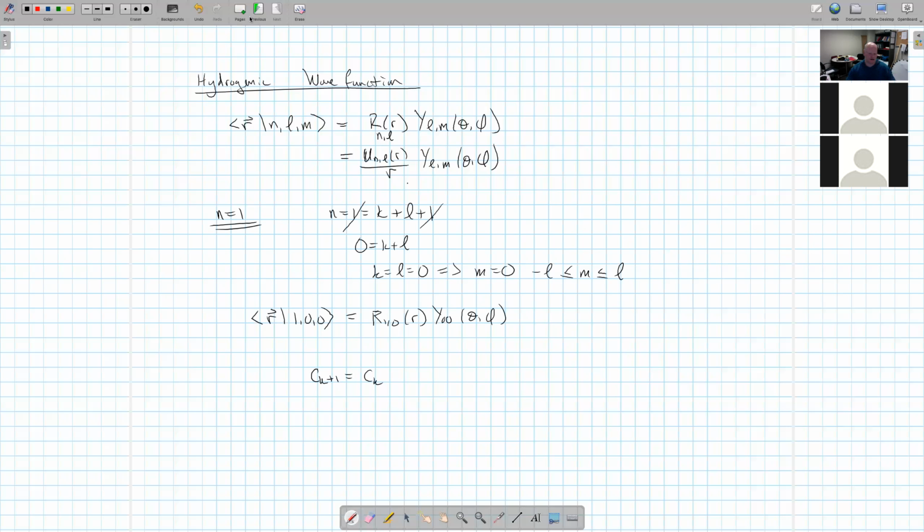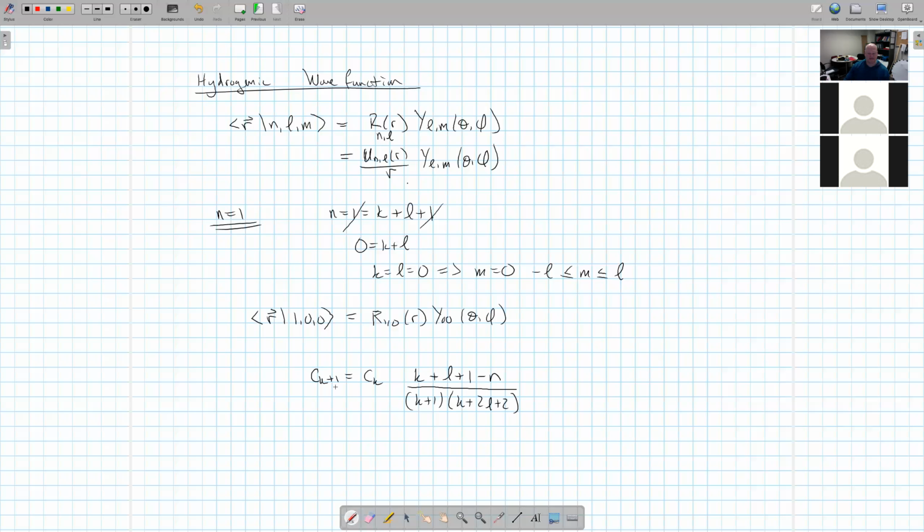So let's go back to our recursion relation. Let's see if we can get this right. So this is C_k times (k + l + 1 - n), all divided by (k + 1) times (k + 2l + 2). Okay.